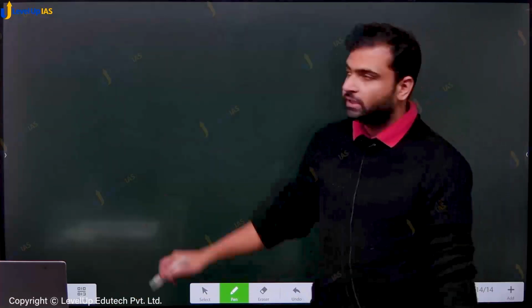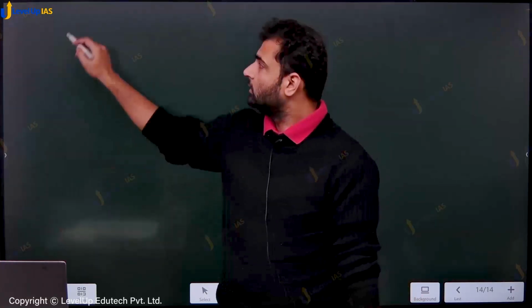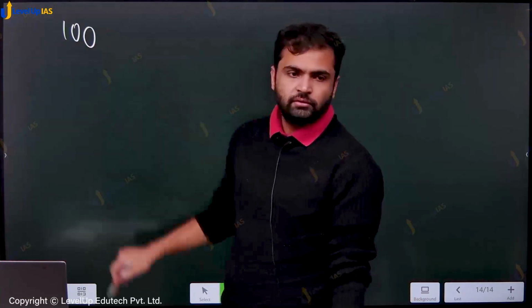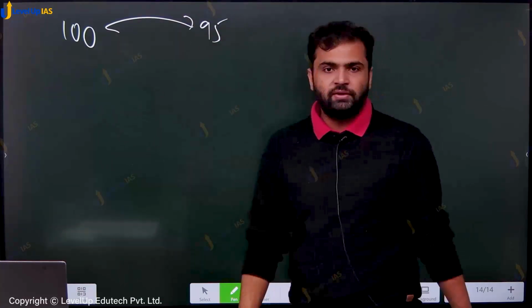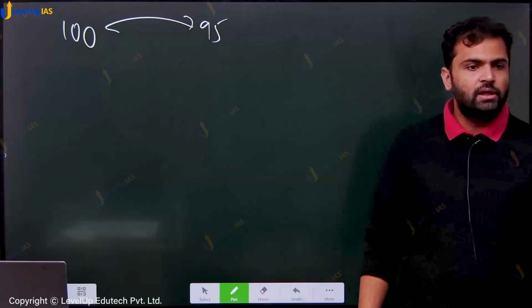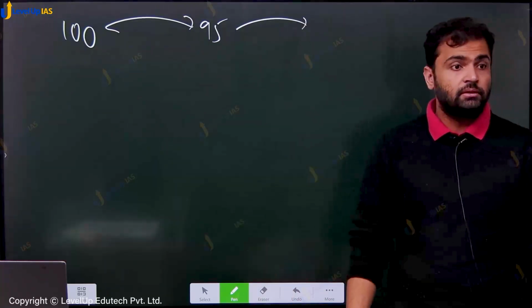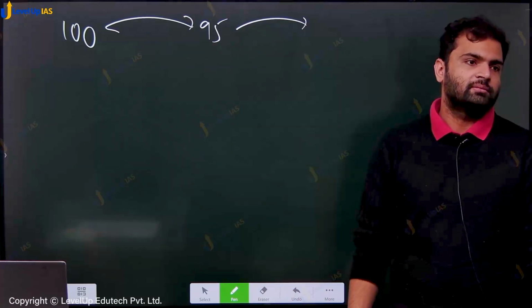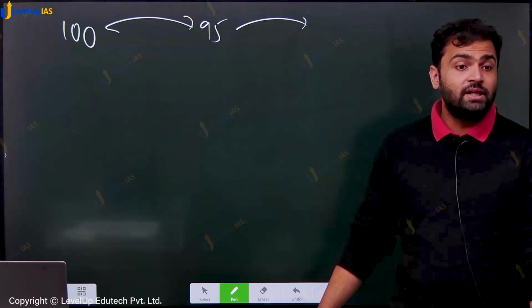We have, firstly, let us find the net change in price. So assume price was 100, it got reduced by 5%, it becomes 95, and then it increased by 20%. 20% of 95 is increased.